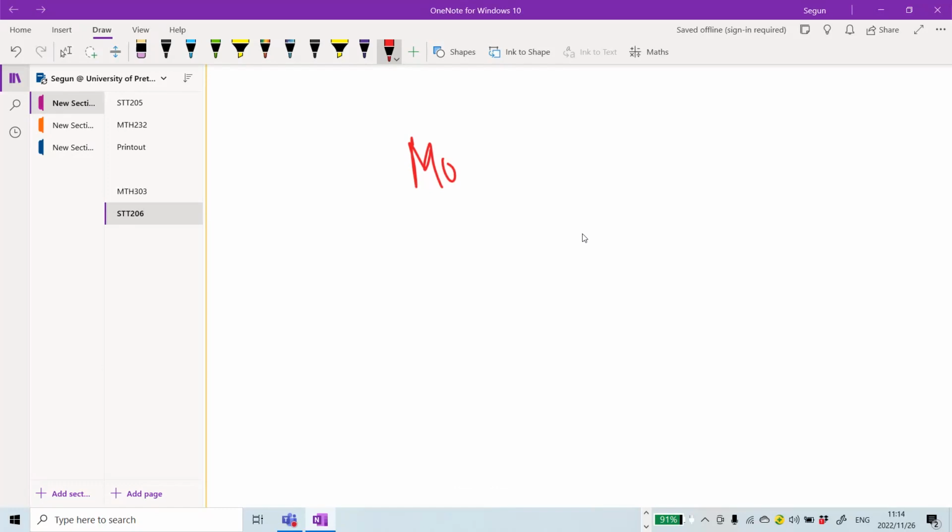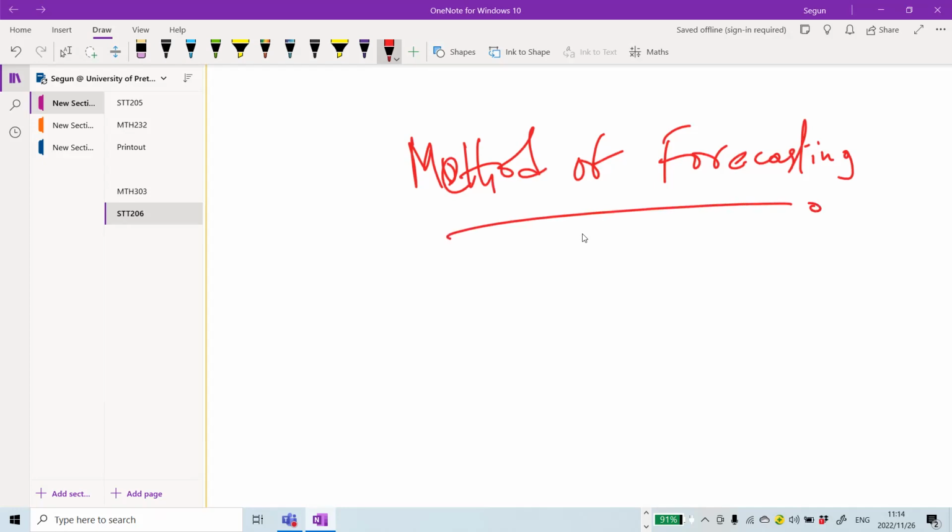Then that leads us to the method of forecasting, which your course content carried. The method of forecasting here is divided into two. One is moving average.